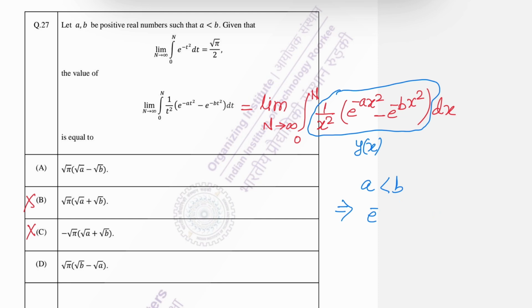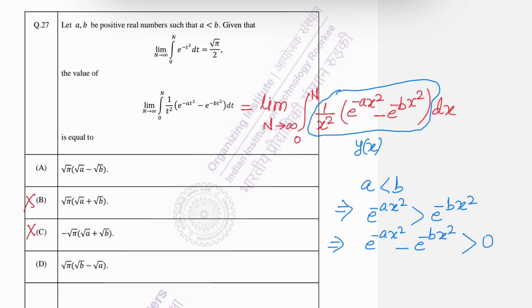So accordingly I type e to the power minus ax square will be greater than e to the power minus bx square. Now this implies that e to the power minus ax square minus e to the power minus bx square is greater than 0.